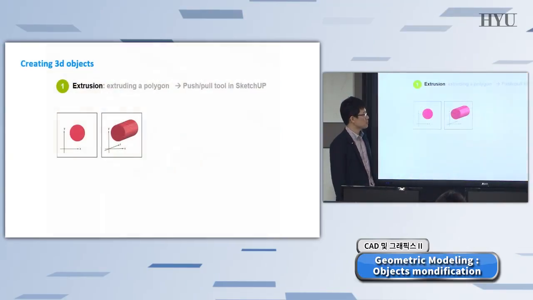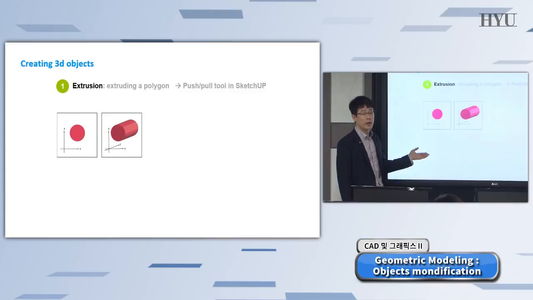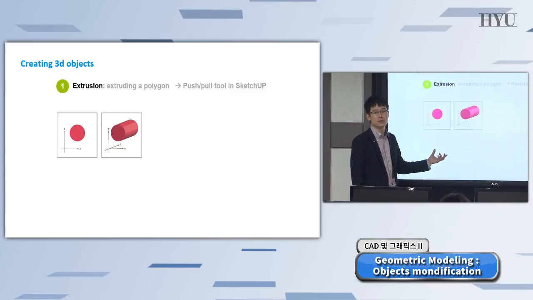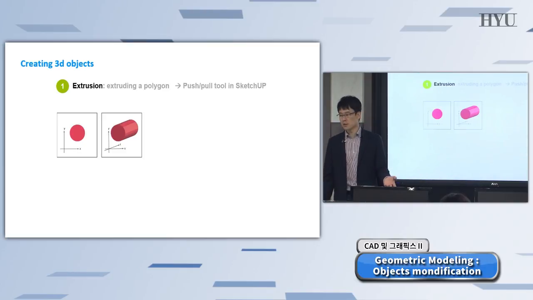Anyway, let's talk about the ways of geometric creation in that kind of 3D tool. How many ways, how many methods, how many mechanisms do you have? Around 5, okay? Not that many. Not 100 ways, okay? Very simple.